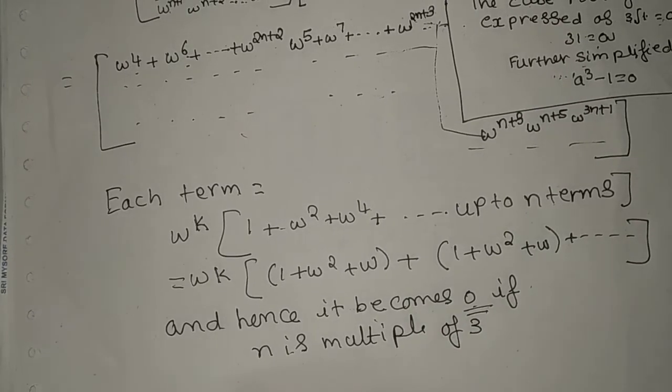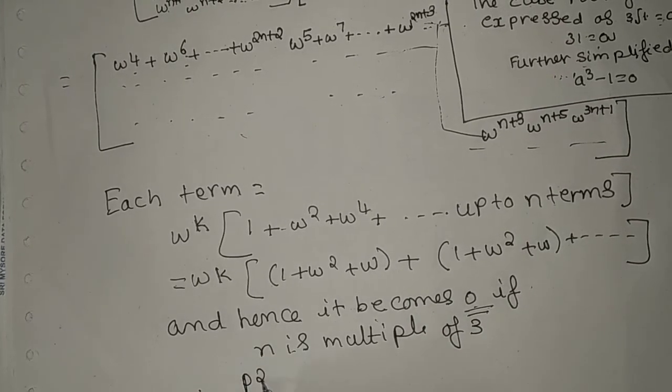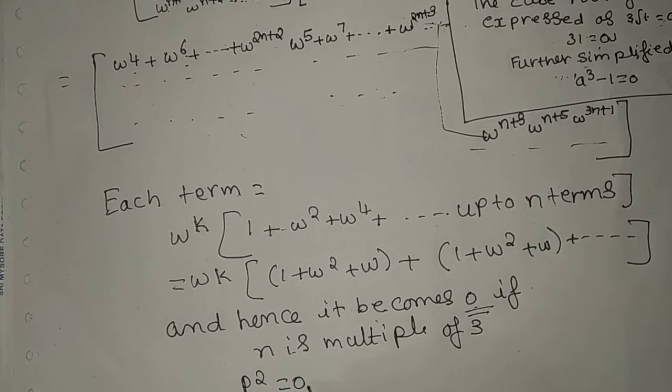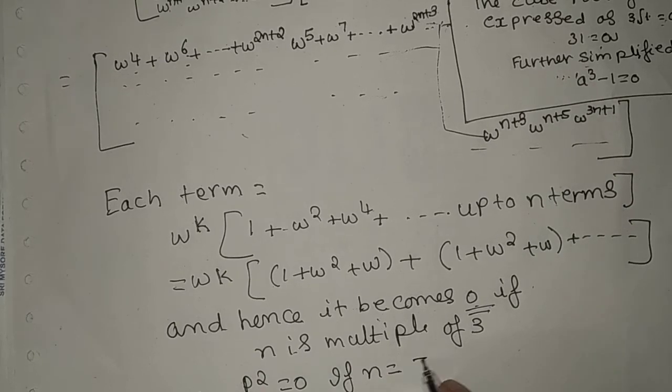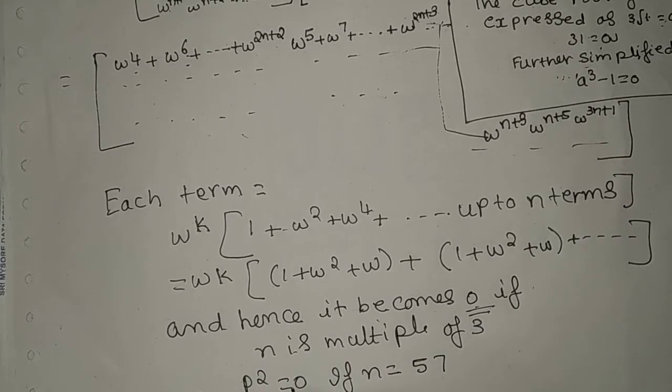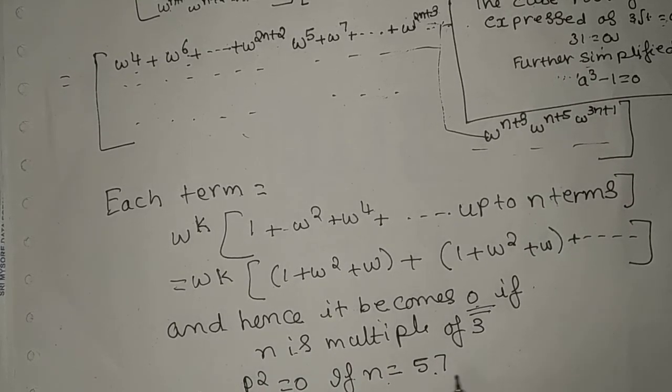So therefore P square is equal to 0 if n is equal to 57. So P square will be equal to 0 when n is 57.